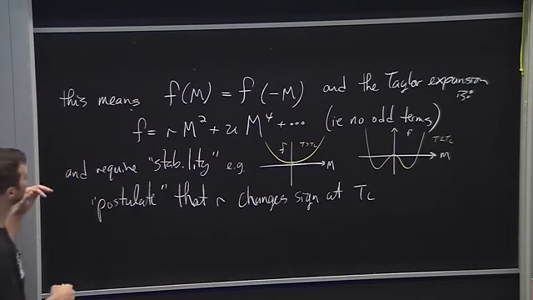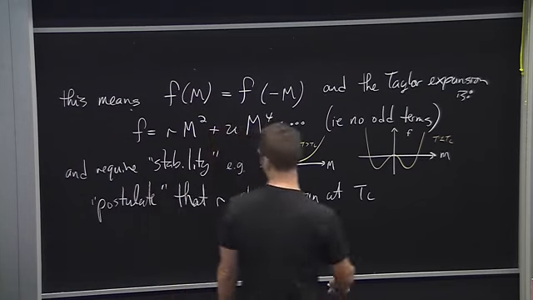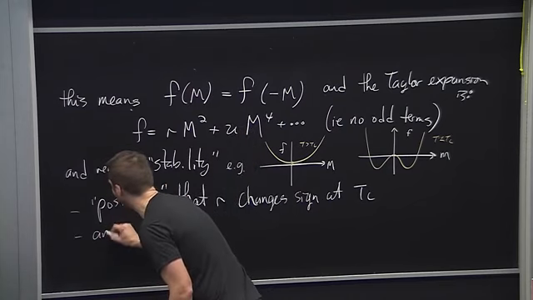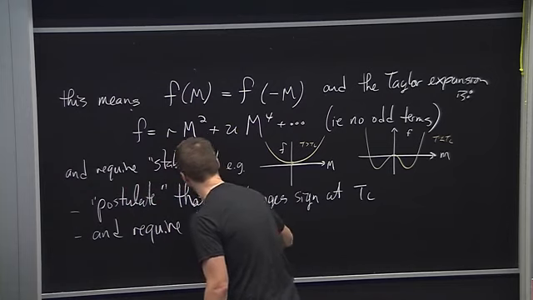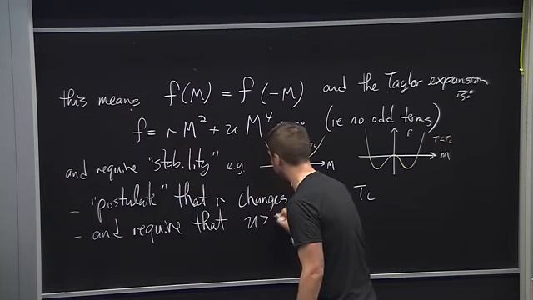So this is a very simple theory. It's called Landau theory, phenomenological Landau theory. But it's too simple in some sense. Oh, let me just write that down. That last thing I said, require that u is greater than 0.